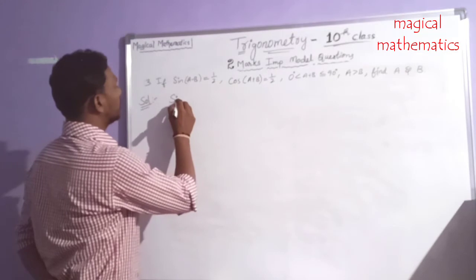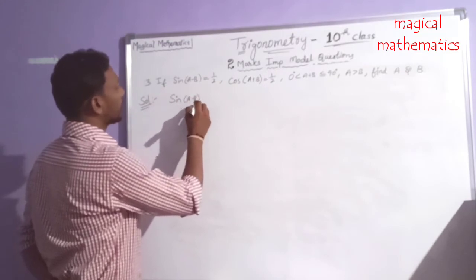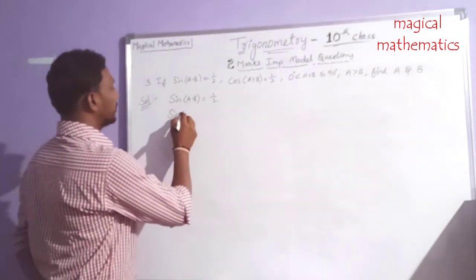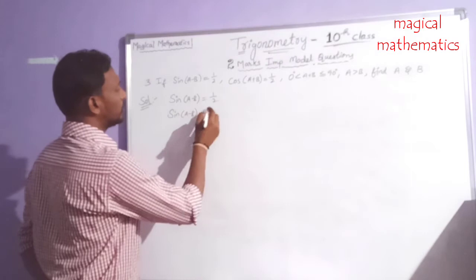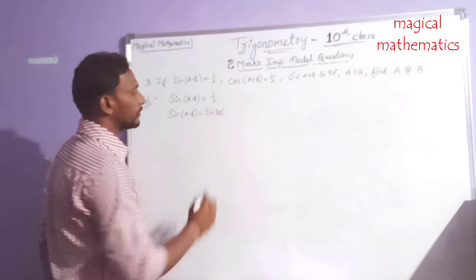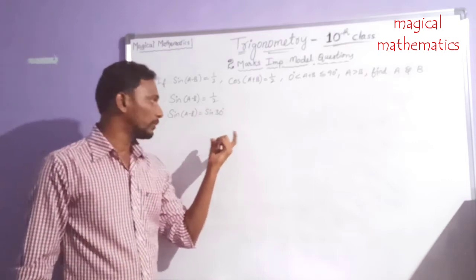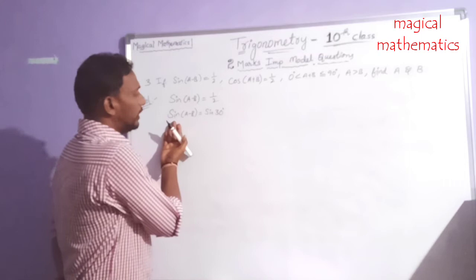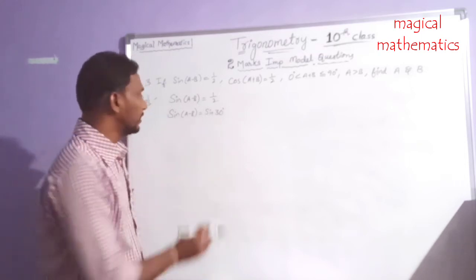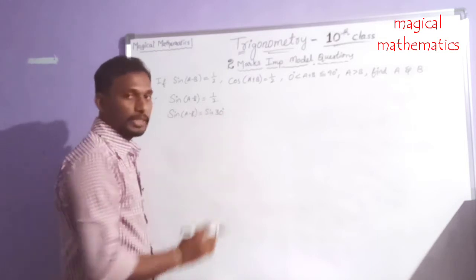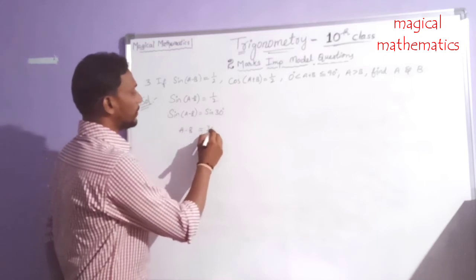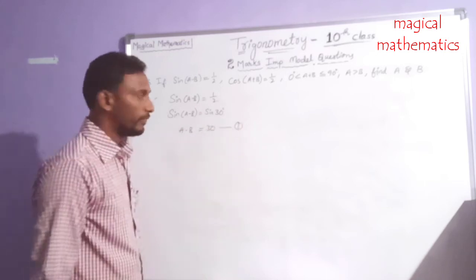Take it here, sin of A minus B is equal to 1 by 2. At which angle will we get that? Sin 30 will be 1 by 2. So LHS also in sin terms, RHS also in sin terms, so this angle will be equal to this 30 degrees. So A minus B we can write as 30; consider it as the first equation.